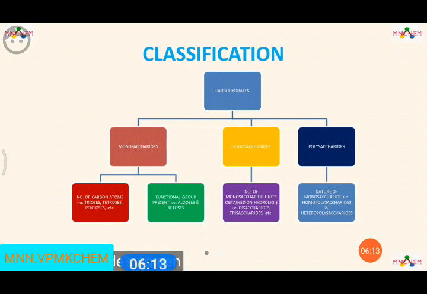So we are aware that these carbohydrates consist of an aldehyde or ketone functional group in their structure. Those monosaccharides are further classified depending upon which functional group is present. Aldehyde-containing monosaccharides are known as aldoses, whereas a monosaccharide consisting of a ketone functional group is known as a ketose.